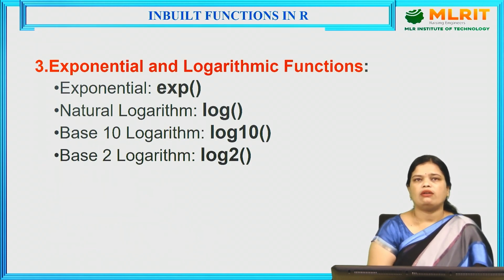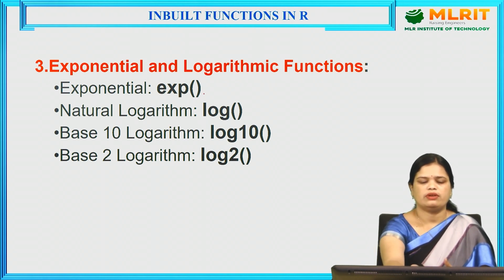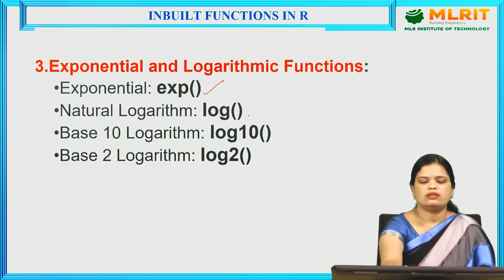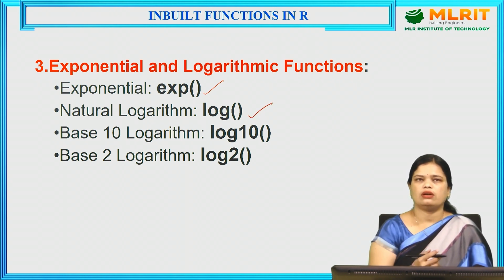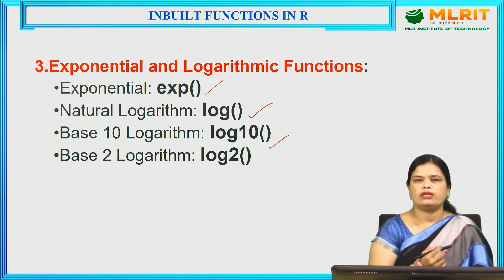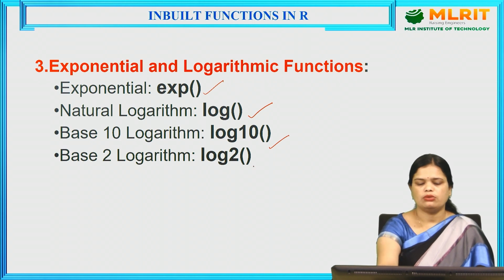And you have the logarithmic and exponential functions. The exp function is used for the exponential, and log is for the natural logarithm. Base 10 logarithm uses the log10 function, and base 2 logarithm uses the log2 function.